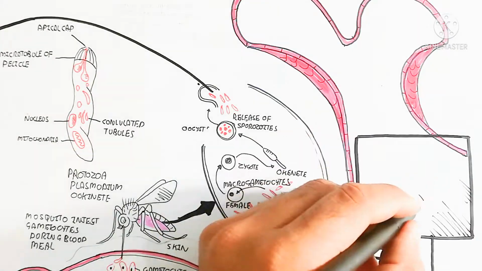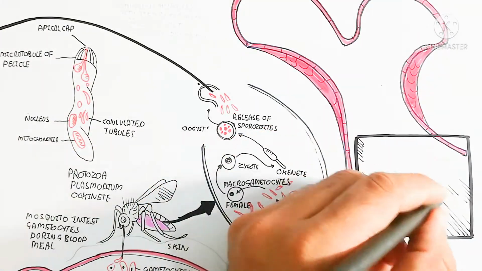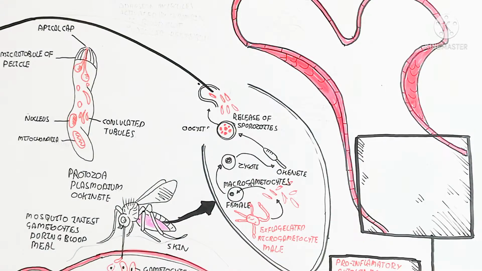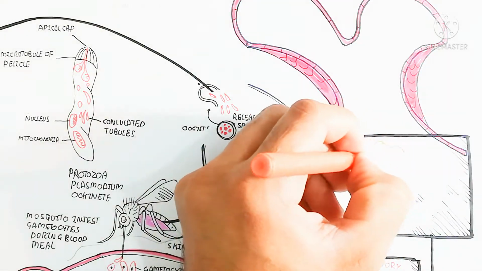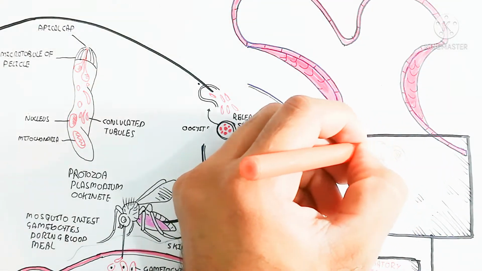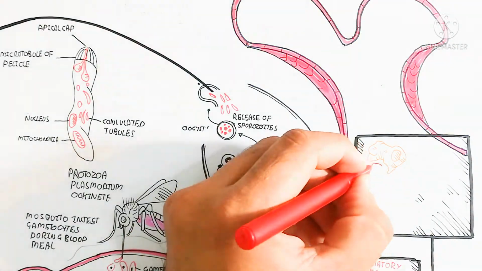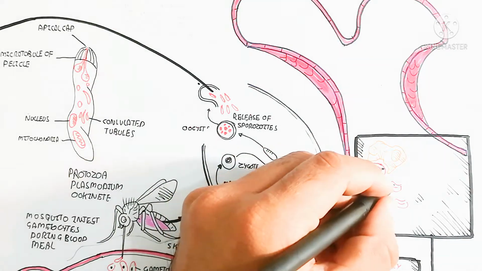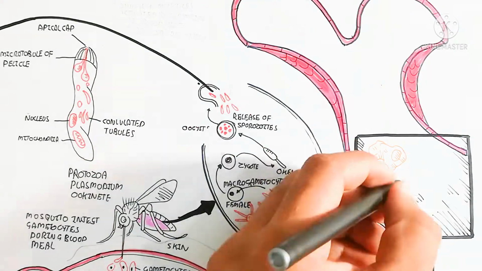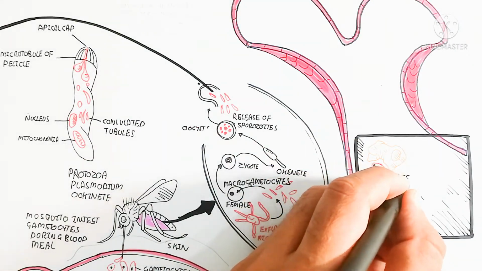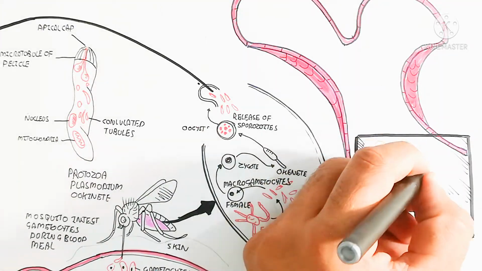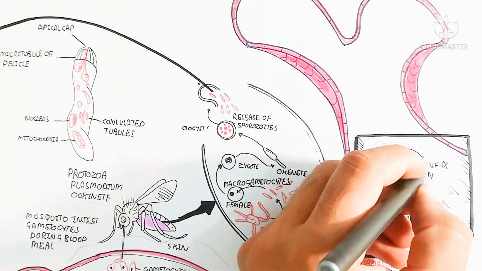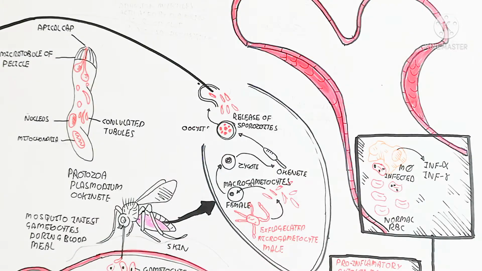So here you can see another, tumor necrosis factor alpha and interferon gamma, which are also produced from the infected red blood cell during macrophage ingestion. Here is the normal RBC, and here is the infected RBC, which the macrophage will ingest to produce cytokines.